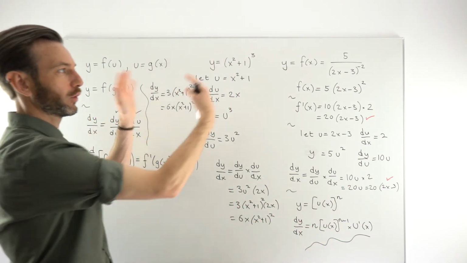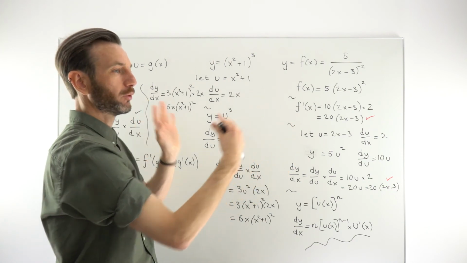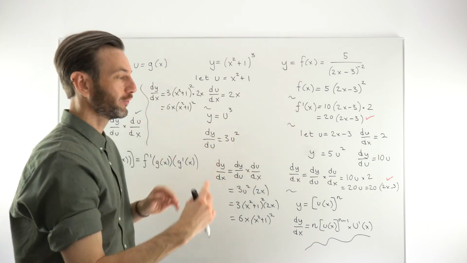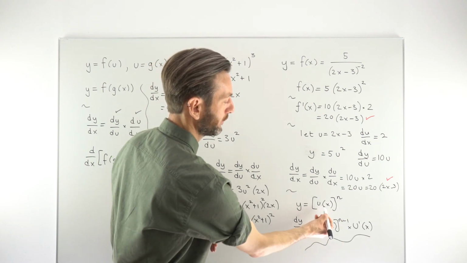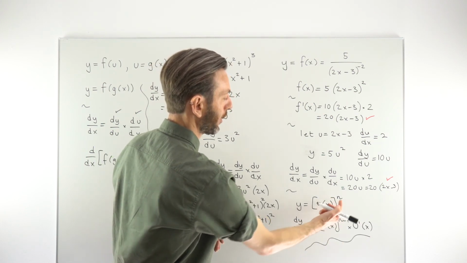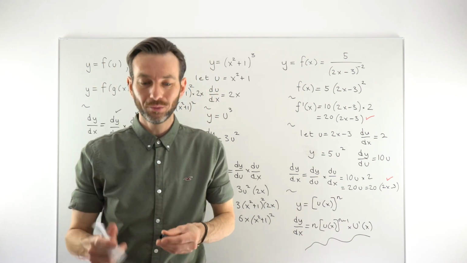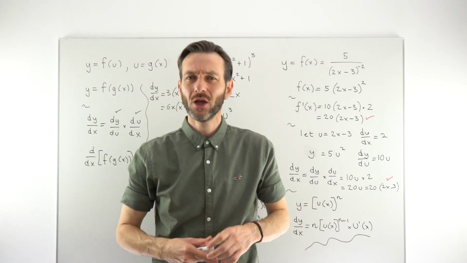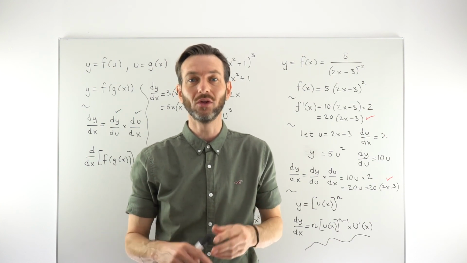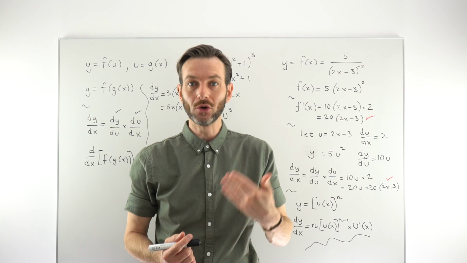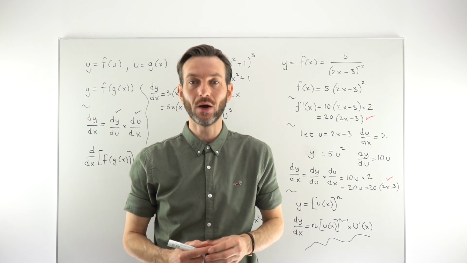It's a derivative of the overall function multiplied by the derivative of the internal function, but applied to a particular case, which is where you've got some function in a bracket to a power, which is a really common presentation of the chain rule. Chain rule is super important. It comes up in a whole bunch of different techniques. It's really, really key for your calculus, differential calculus going forward.